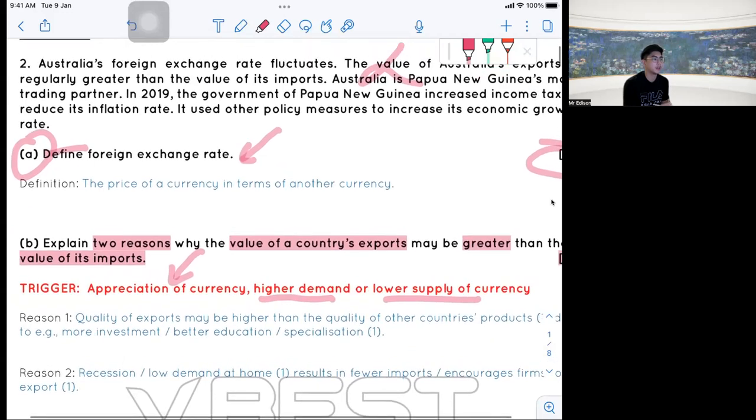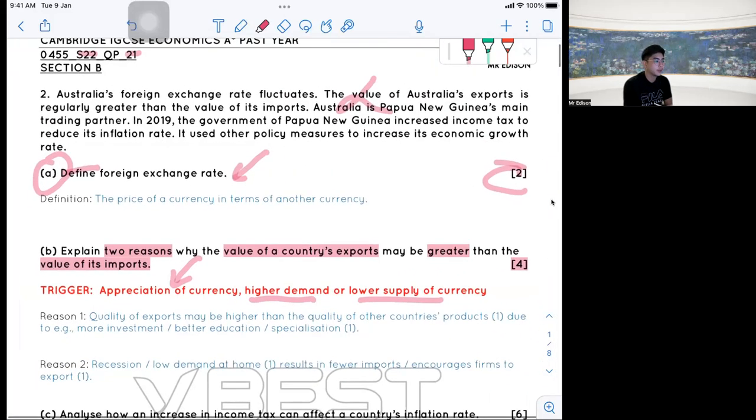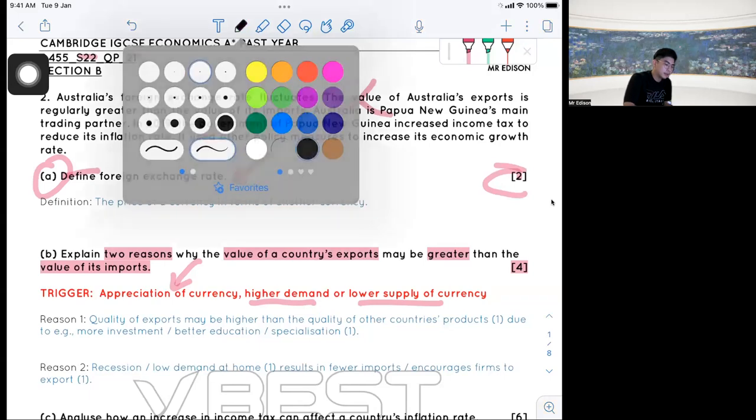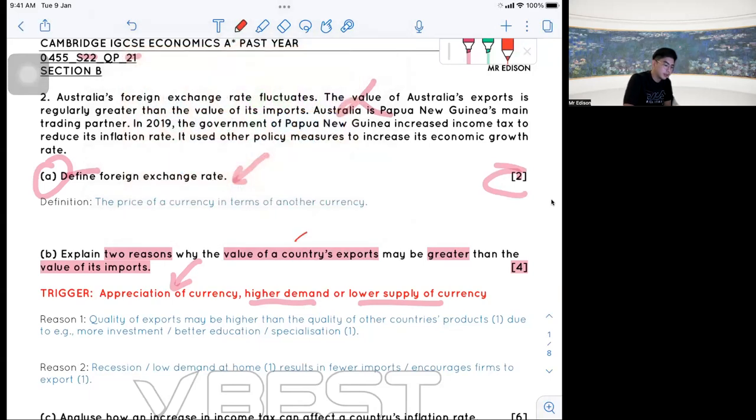The first one is the quality of export may be higher than the quality of other countries due to more investment, better education, specialization. This entire thing is just to tell you why your export is better. So remember, when we talk about higher export, let's use another color, let's use red.